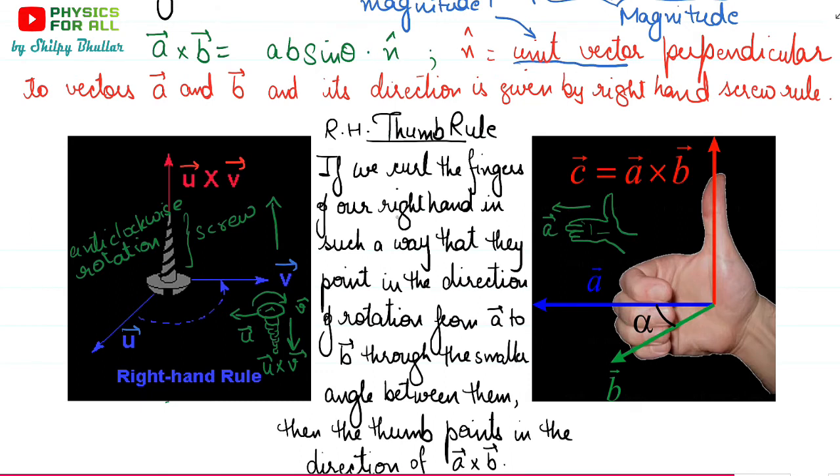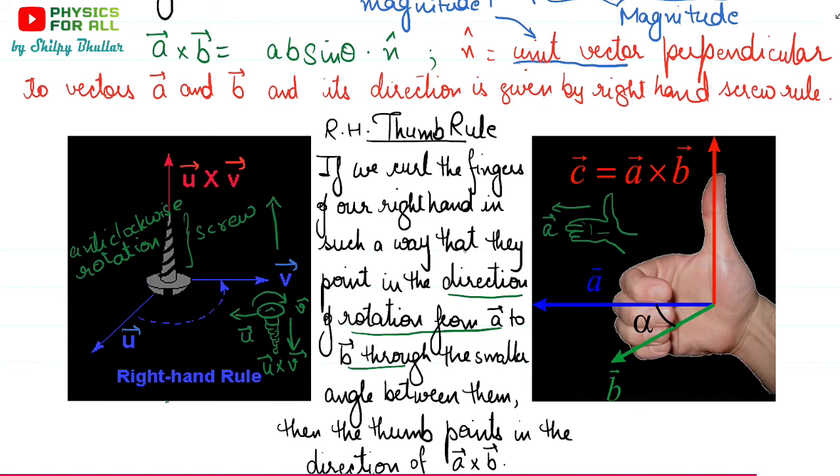Now the rule says that if we curl the fingers of our right hand in such a way that they point in the direction of rotation from A to B, again the statement is almost similar to the screw rule that we studied. In the screw rule we rotate the screw from the direction of the first vector to the second vector, and here we are curling our fingers.